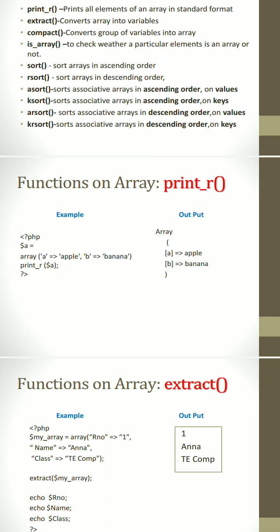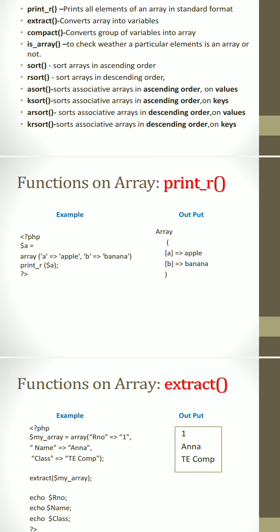The first function we have seen, function on arrays, is print_r. What will it do? It will print all the elements of an array in a standard format. So here is an example. Array $a equal to apple and b equal to banana. Okay, this is the array we have taken. print_r in bracket $a.